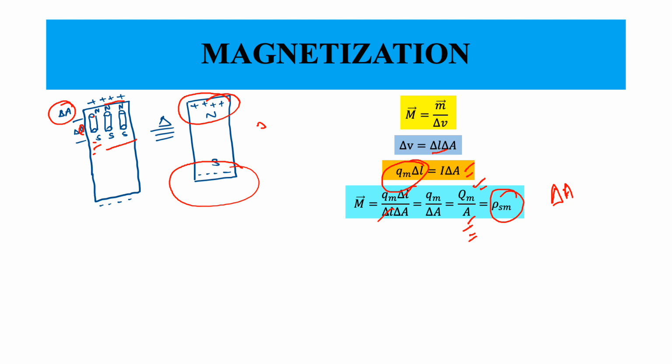If you look at the top and bottom surfaces of the bar magnet, you would see them populated with magnetic charge with a magnetic charge density rho.